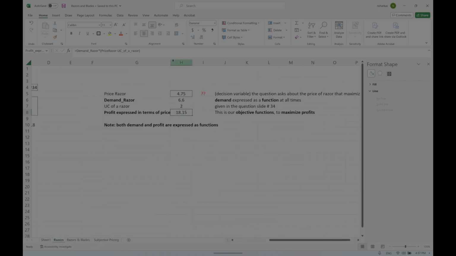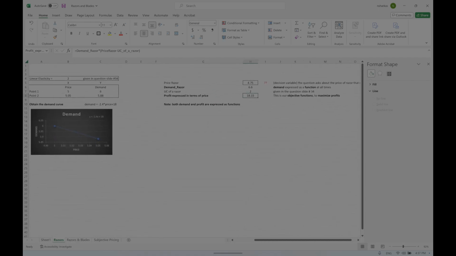In the previous video, we also discussed this in class, but let me just put here profits based on the current state, which is $5, associated with 6 million demand.